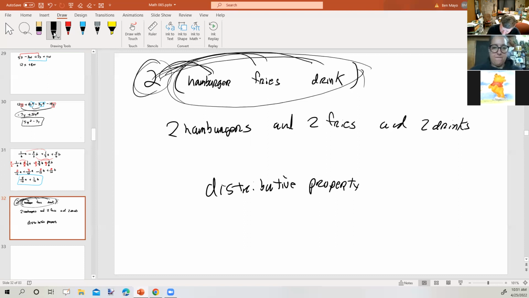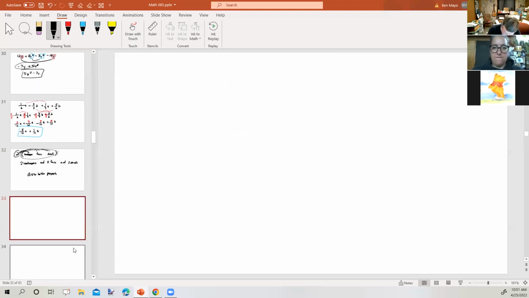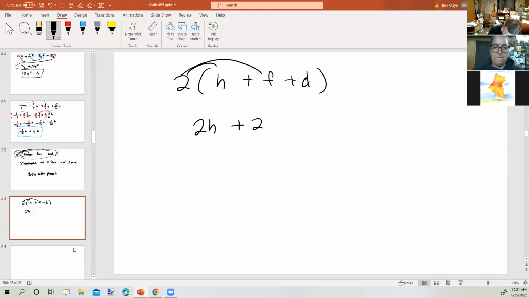Let's see, H, F, and D. Suppose I've got H plus F plus D, and I've got 2 of that. I would have 2H plus 2F plus 2D. So I'm distributing the 2 across the grouping symbol of parentheses.